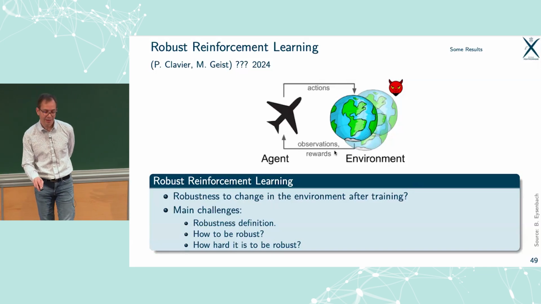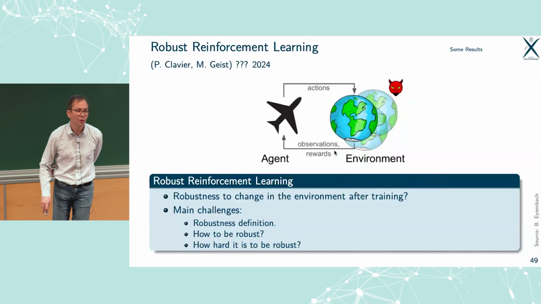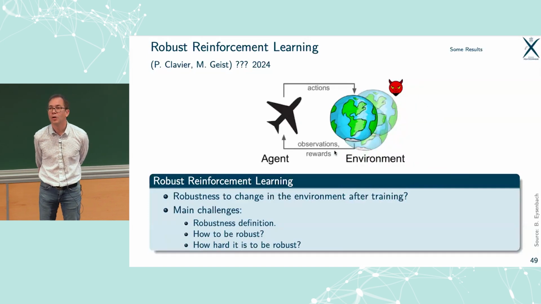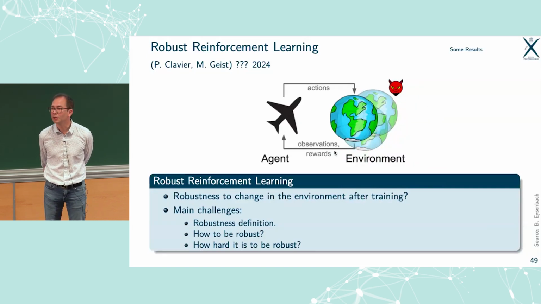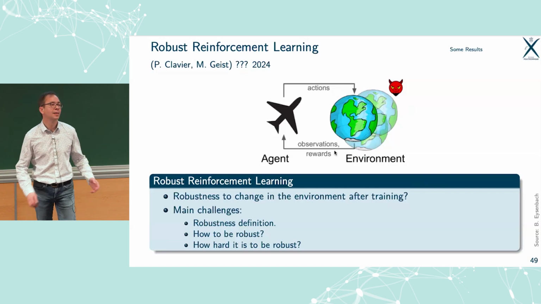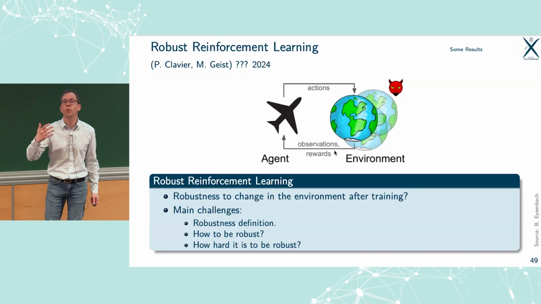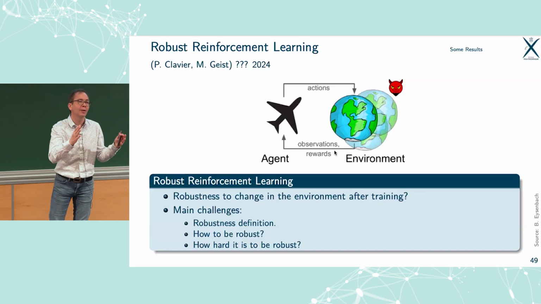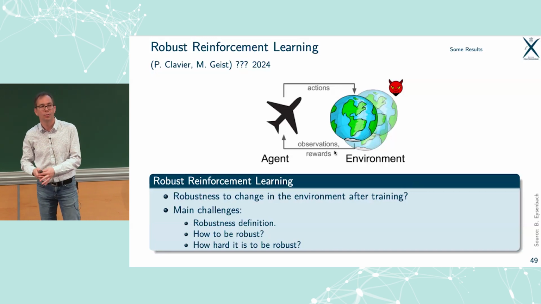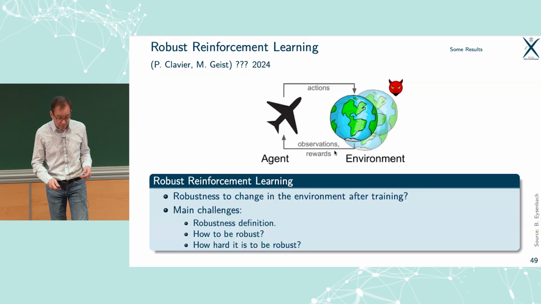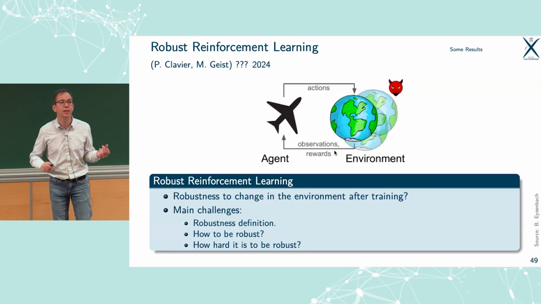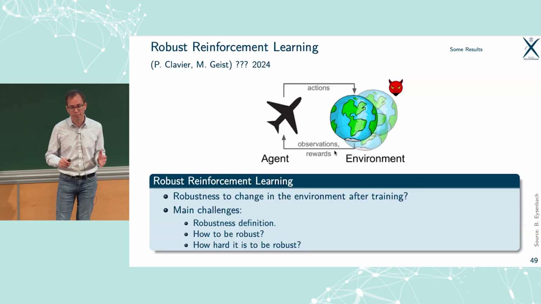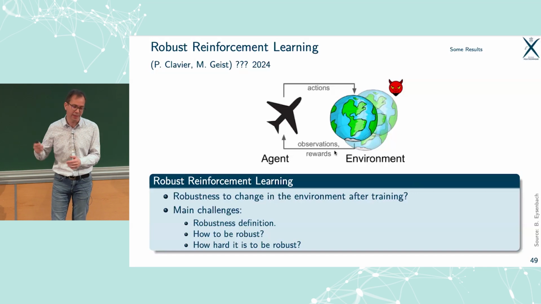So here this is the worst case scenario when you have an adversarial force which is trying to make you fail. But you may imagine that in the real world, the world may be changing, maybe evolving in time, and what you learn right now may not be exactly what is true in the future. The idea of robustness, can we find a way to make the learning part robust to a change in the environment?